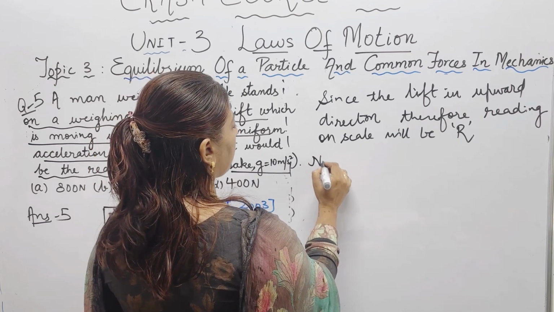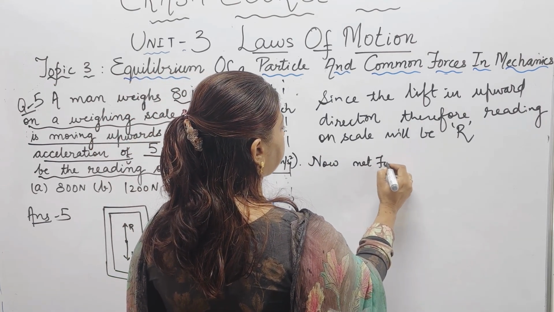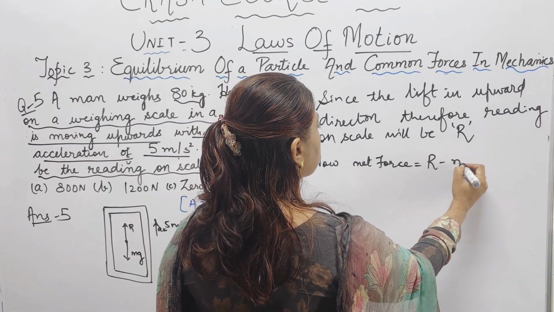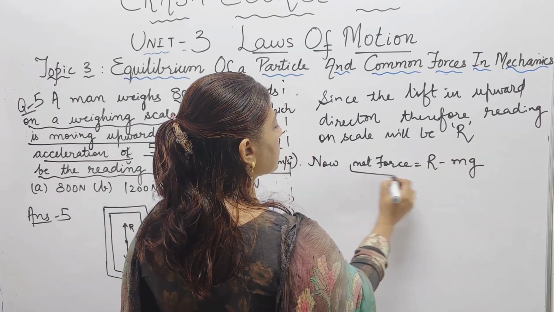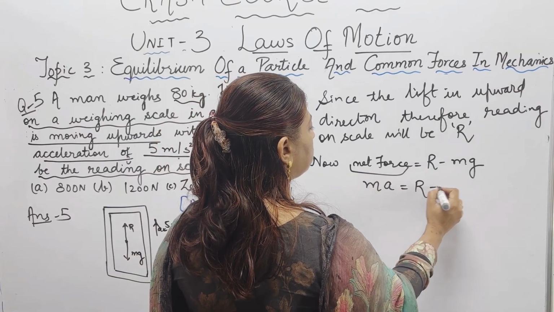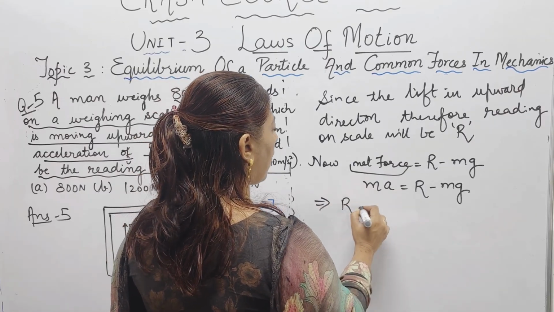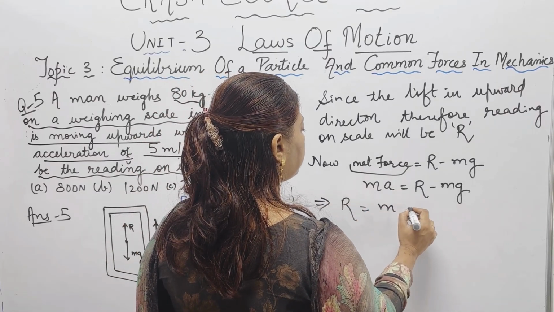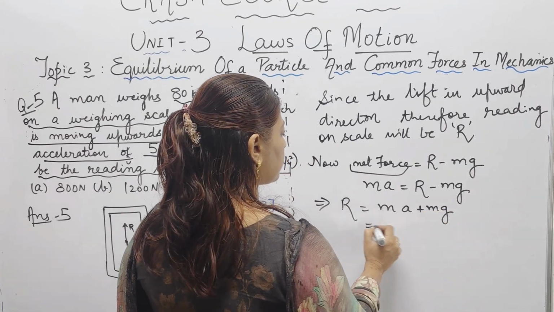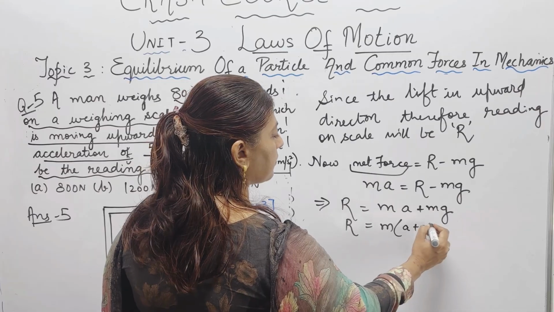Now the net force is equal to R minus mg. This net force is ma, so R minus mg equals ma, or R is equal to ma plus mg. This value of R will be m times a plus g.